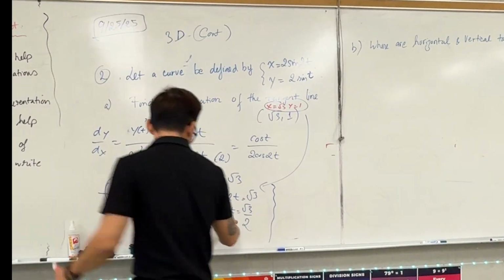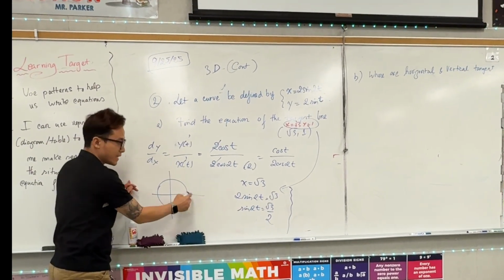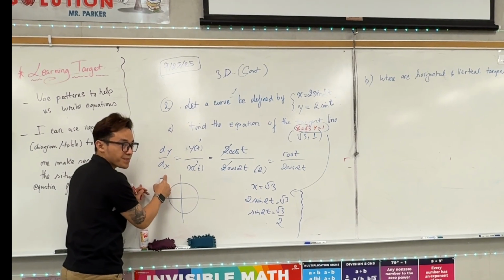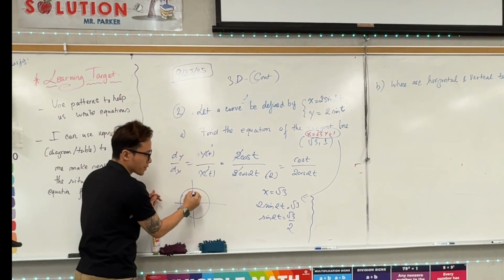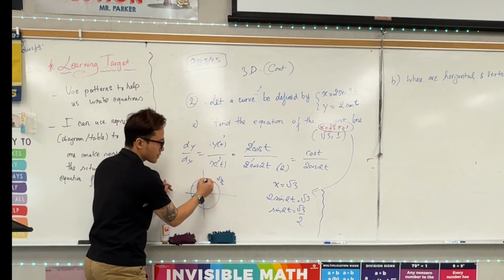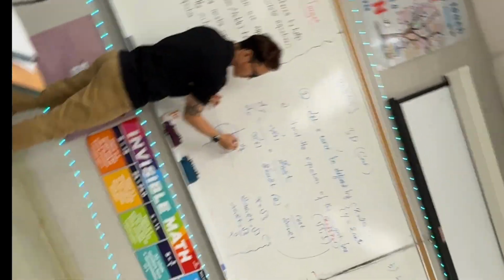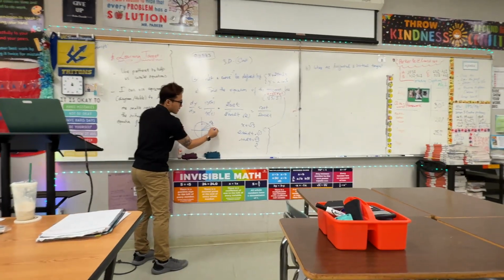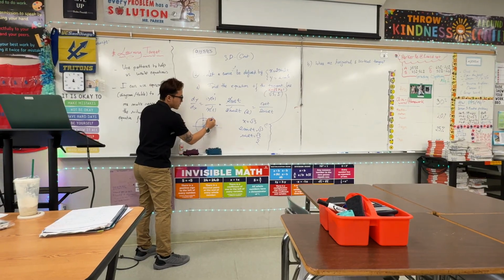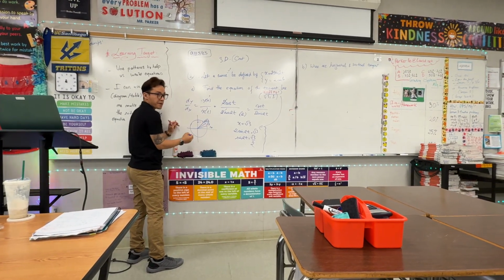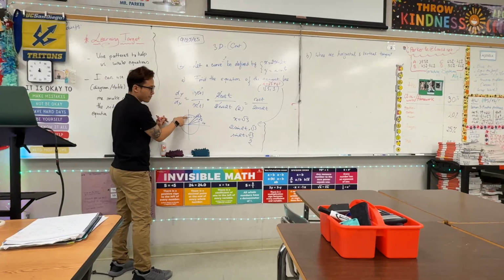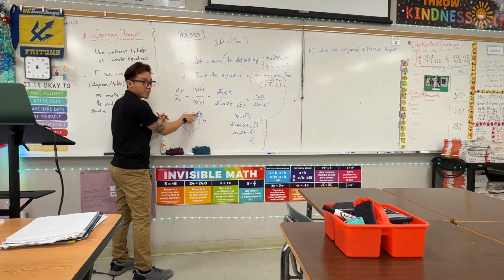Okay, square root of 3 over 2. Where is it? This is the cosine, this is the sine, right? Where is the square root of 3 over 2? Right here. This is when? 30, 45, 60, right? So sine of 60.